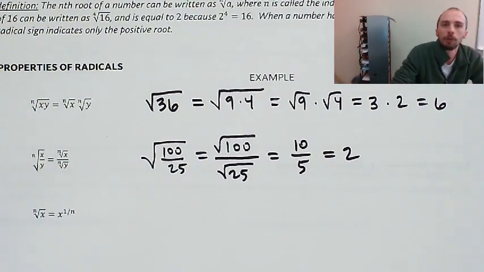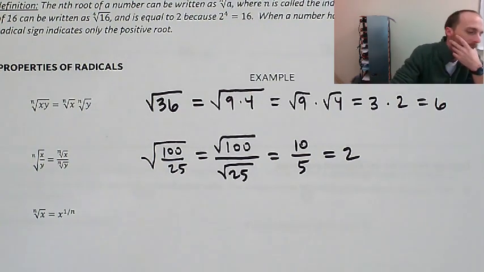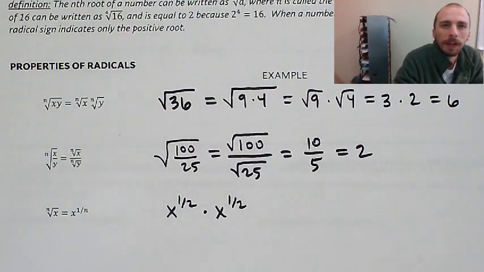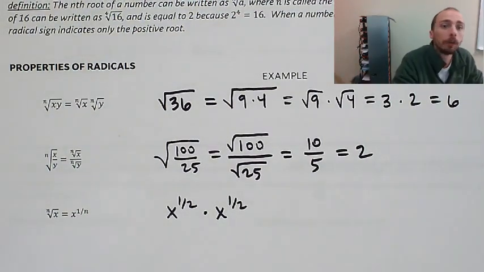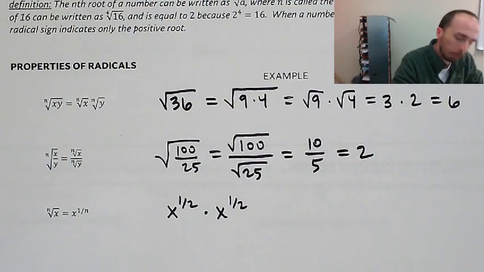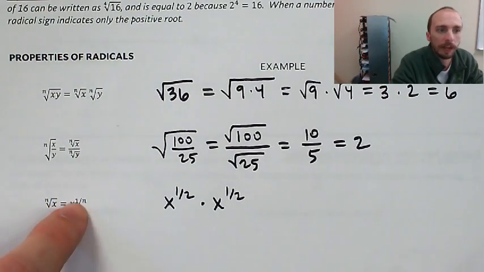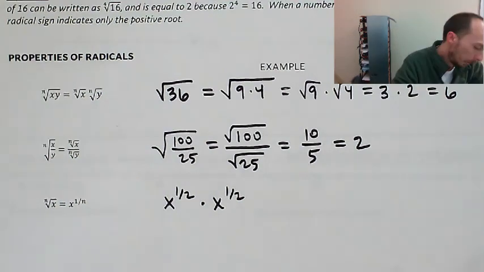Now, the fact that the nth root of x is x to the 1 over n power. Even now, having delivered this lesson a couple of times, I'm not totally sure how much detail I want to share in this video. But in the interest of keeping this video as short as possible, while also giving you the details you need to understand what's going on, I'm going to start with the 1/2 power. So what we're saying here is that the square root of x is going to be x to the 1 divided by 2, because if there's no index, it's implied that it's 2.